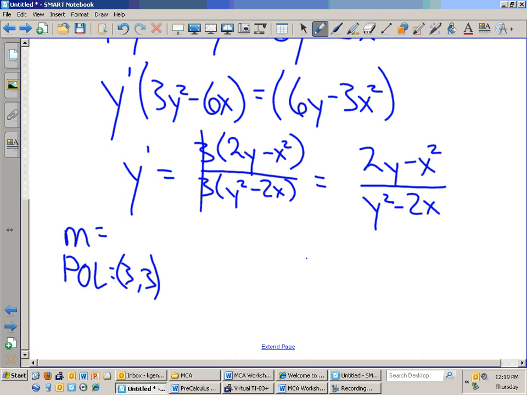So in this situation, y prime will be 2 times 3, which is 6, minus 3 squared, which is 9, divided by 9 minus 6, or negative 1. That is your slope.